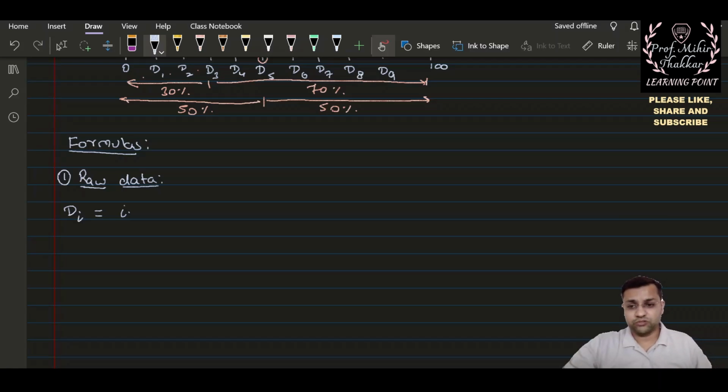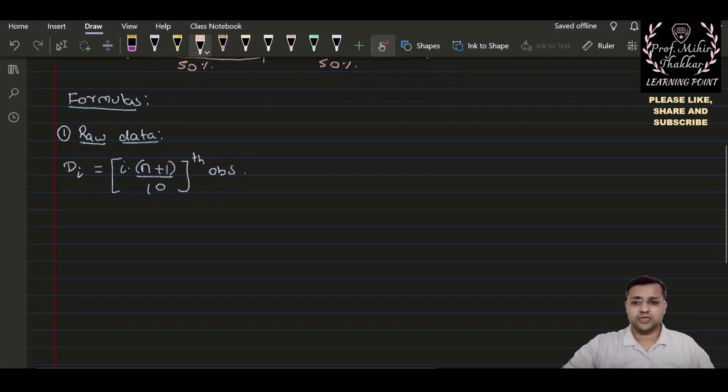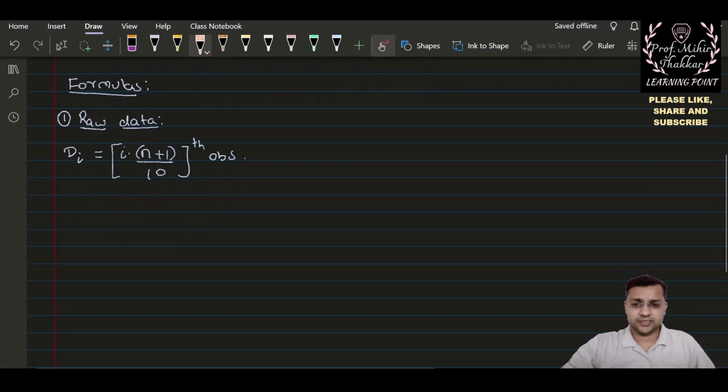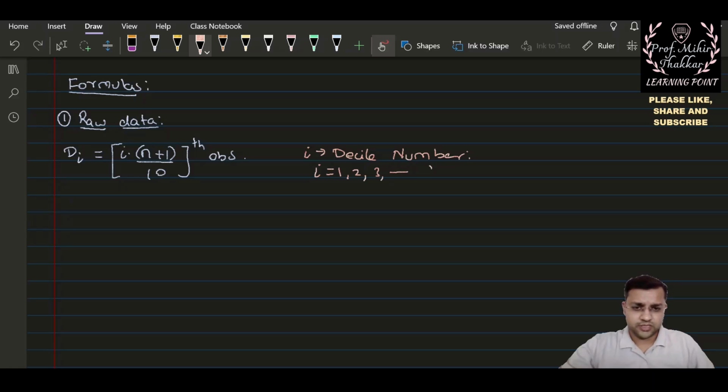Therefore you will get i into (n plus 1) divided by 10, the observation, where i is the decile number, which can be 1, 2, 3, anything up till 9, whereas n is the number of observations. It can be even or it can be odd, it does not matter. This formula is suitable in both cases.